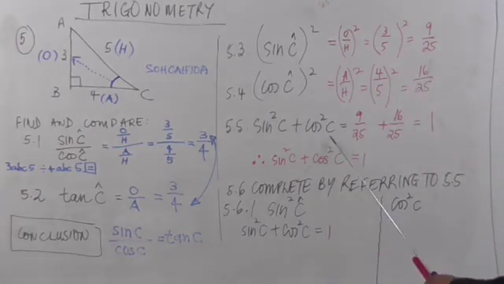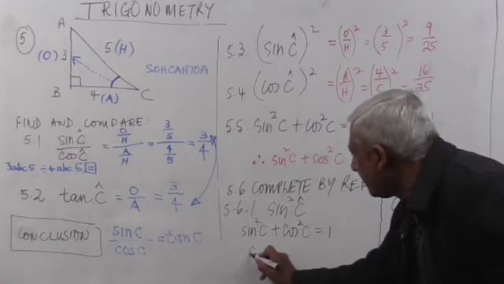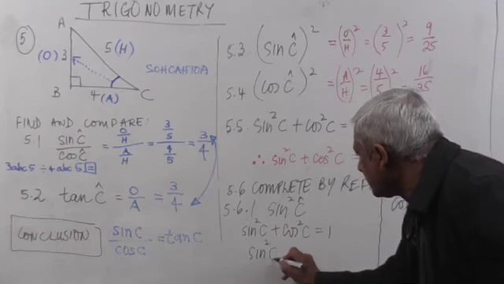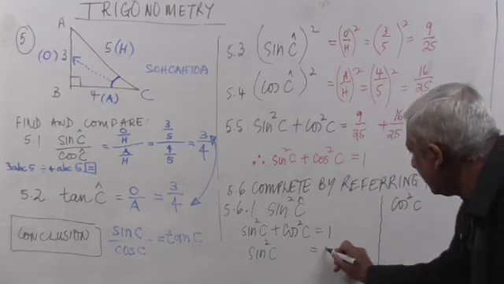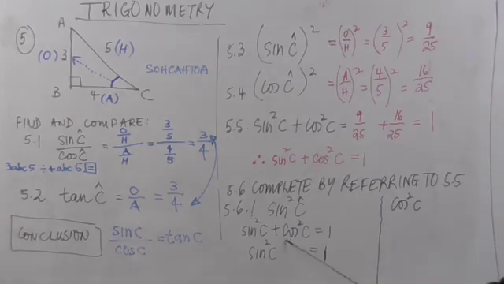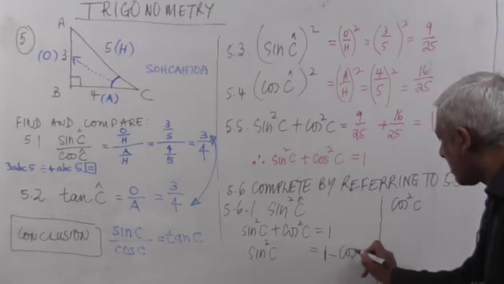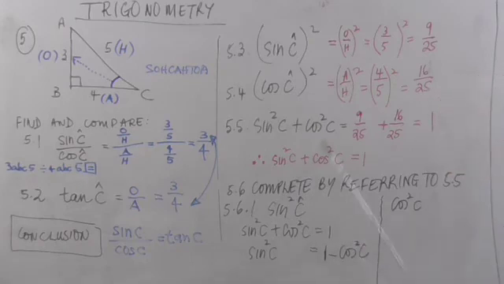I am told that in 5.5. They want me to write an answer for this. So sine squared C is equal to, there's your 1. I will take this across. Rules of equation: if I take this across, you will get minus cos squared C. So the final answer is sine squared C is equal to 1 minus cos squared C.